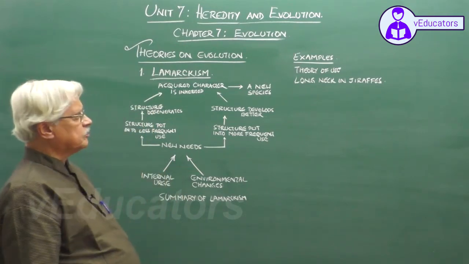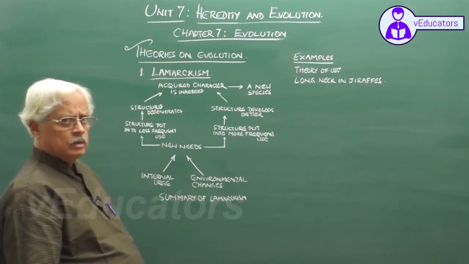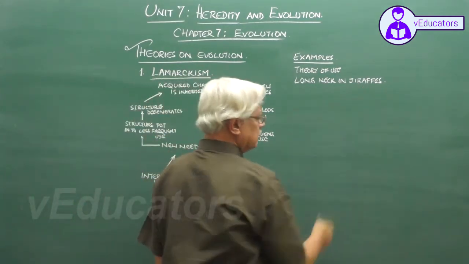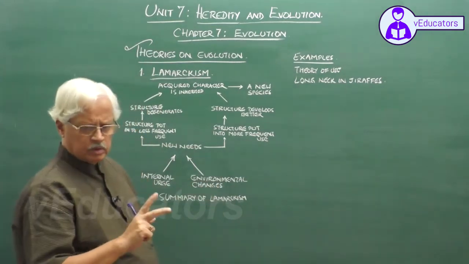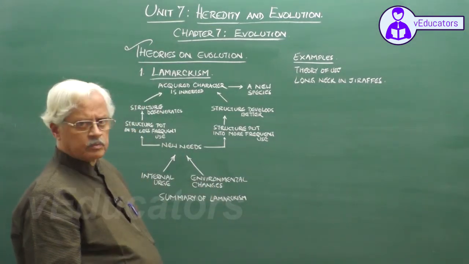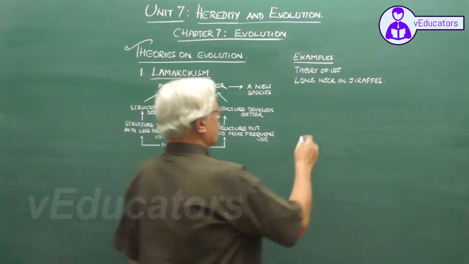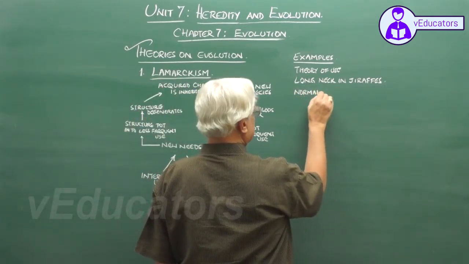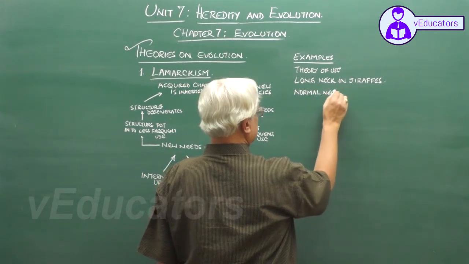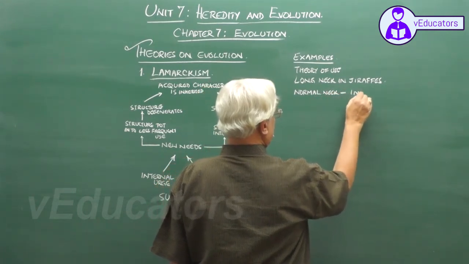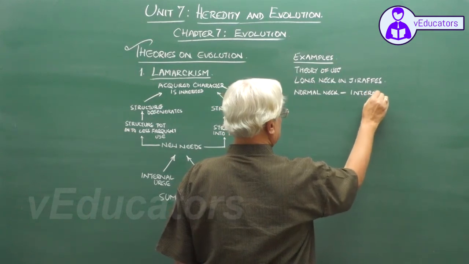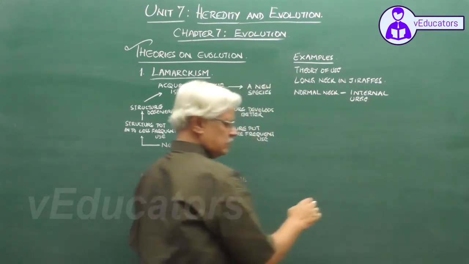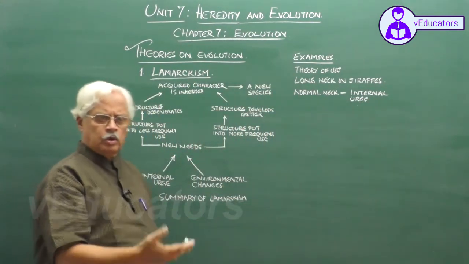According to Lamarck, earlier giraffes had a neck of normal length like any other mammal. This set of giraffes with normal neck had an internal urge that they want to undergo changes.